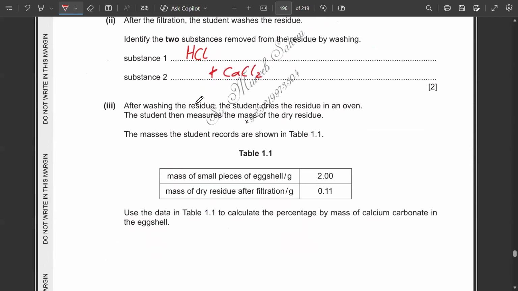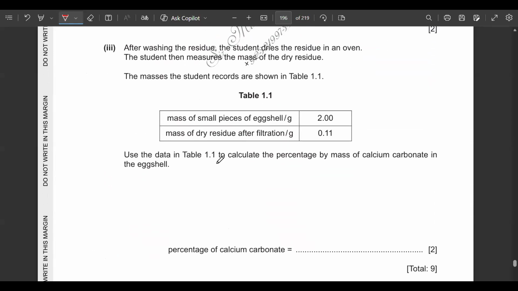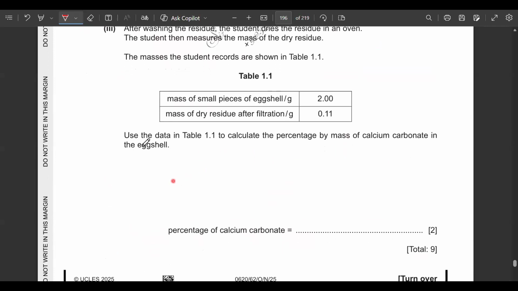Then part 3, after washing the residue, the student dries the residue in an oven, and these are the observations. Use the data in table 1.1 to calculate the percentage by mass of calcium carbonate in the eggshell. So here comes the calculations part.